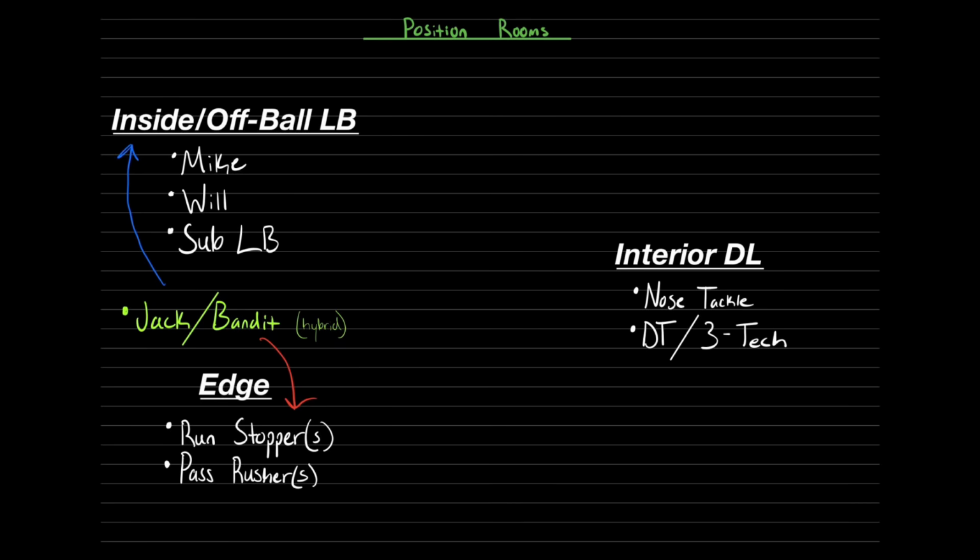Then lastly, we have our edges, which can be more run focused or more pass rush focused. And lastly, we have our jack or our bandit, which is kind of like a hybrid edge player and linebacker. I'm not sure if we're gonna include them with the edges or give them their own videos, but these are the remaining position rooms or groups that we're gonna cover.